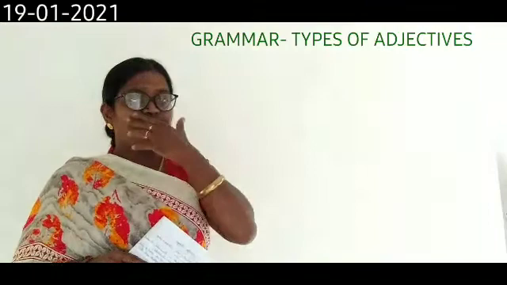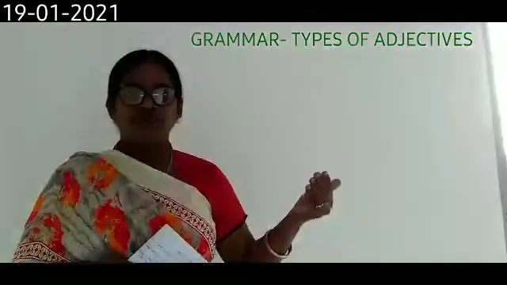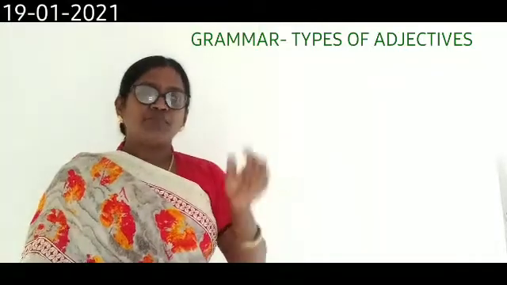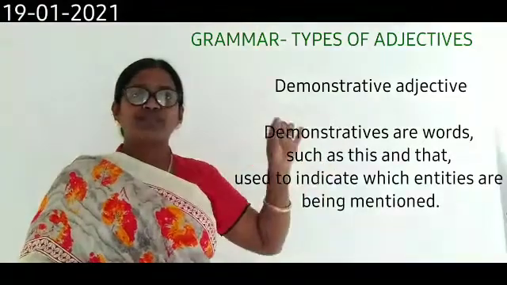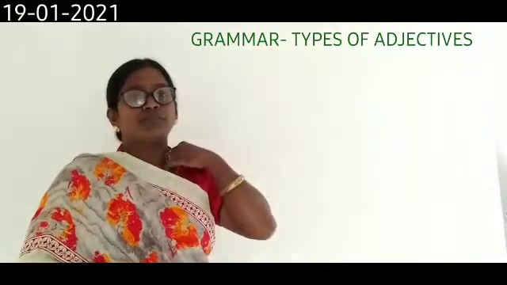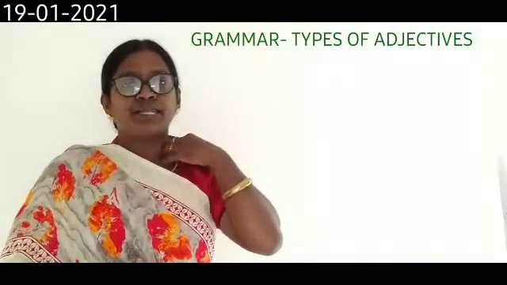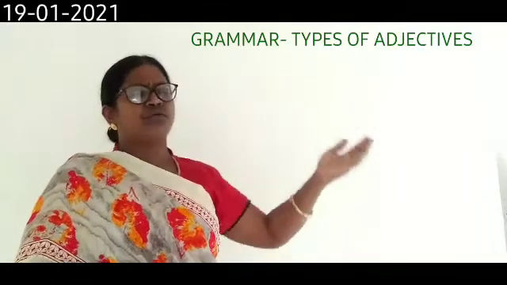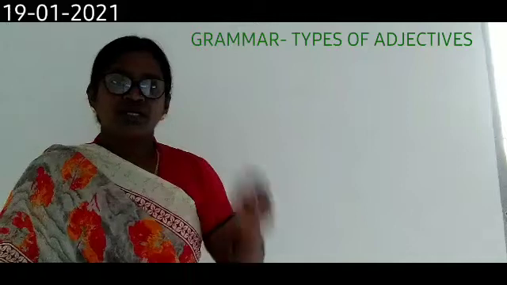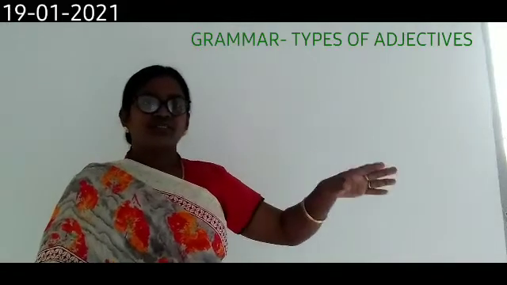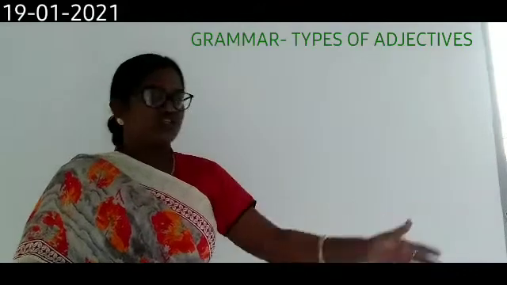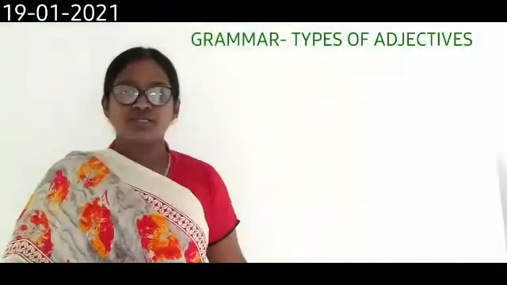Next one is demonstrative. What is that? Demonstrative adjectives are the adjectives which we use before nouns or pronouns, especially before nouns. This, that, these, those, etc. This bench is very short.